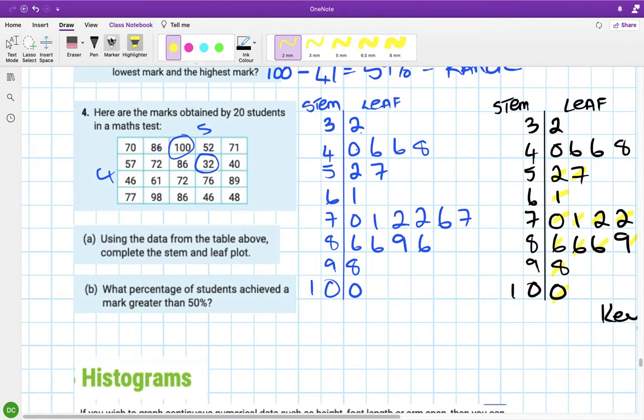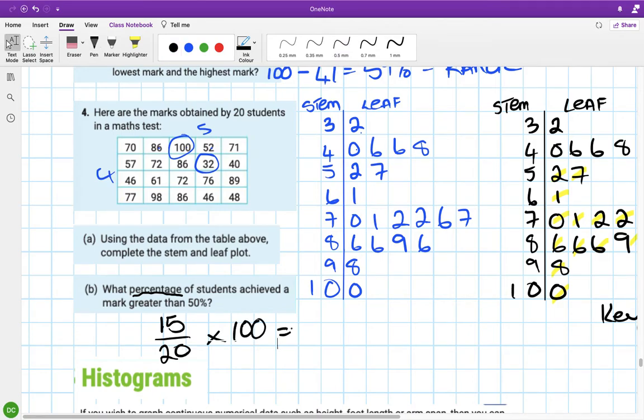Sorry, did better than 50%. Now remember, when you're getting a percentage, you have to start with a fraction, so it's 15 out of 20. That's your fraction, and then to make it a percentage, you times by 100, and 15 out of 20 is 3/4, which is 75% as a percentage.